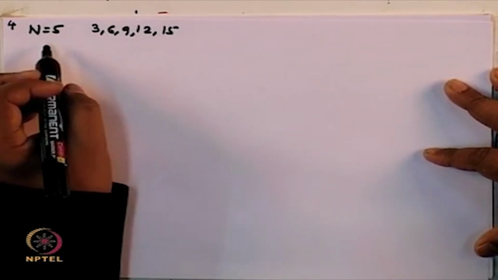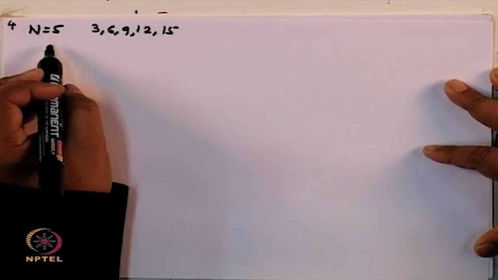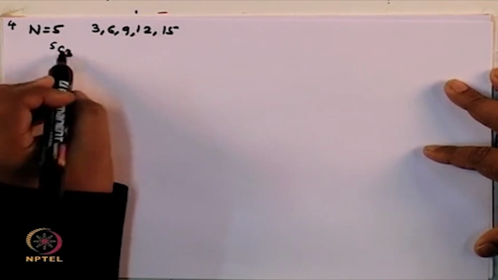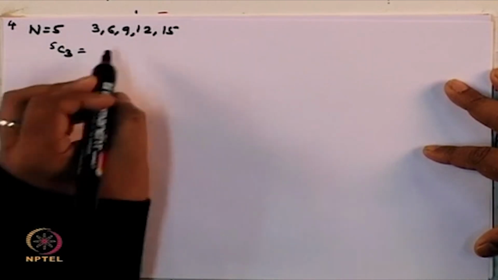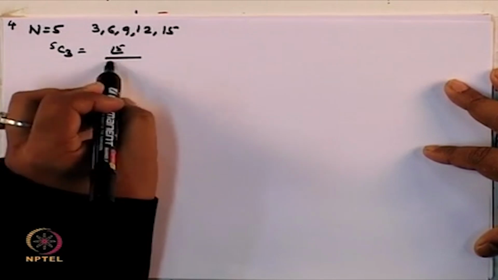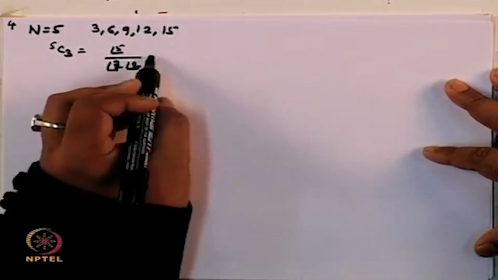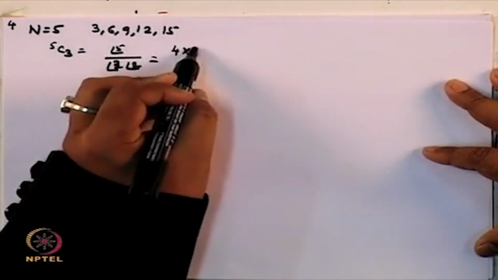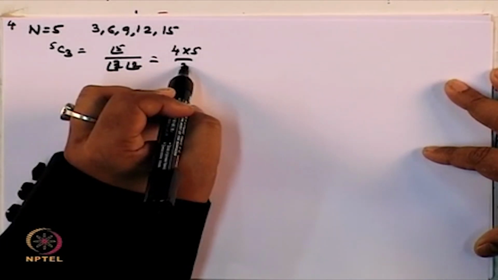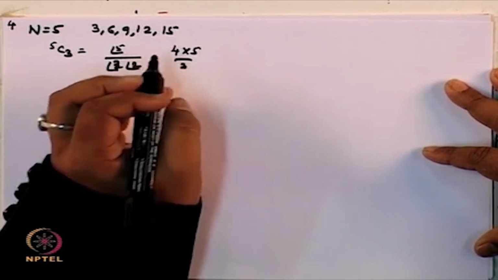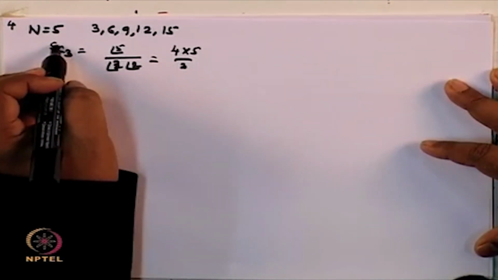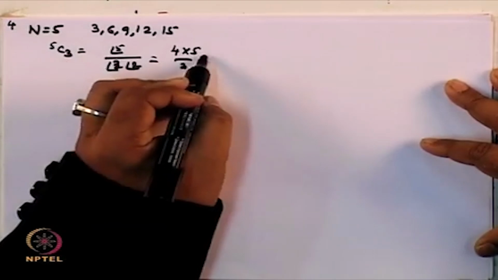I can draw them in 5C3 different ways, which is 5 factorial over 3 factorial times 2 factorial, which should be giving 10.